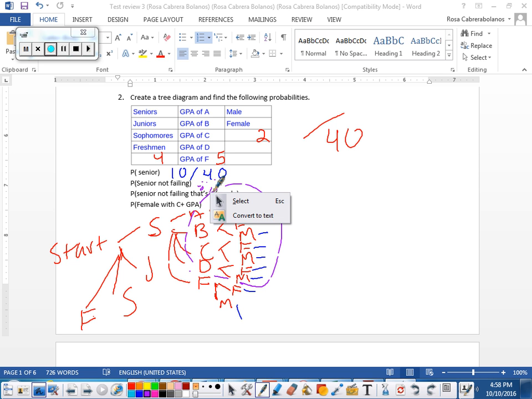And then you would do the same idea for, I'm going to write it over here because it's easier. 8 out of 40. Okay, the probability of a senior not failing is 8 out of 40. I don't know why this thing is not behaving. It doesn't want to write it down. Oh, there you go, 8 out of 40. And then of course you have to simplify your fraction.